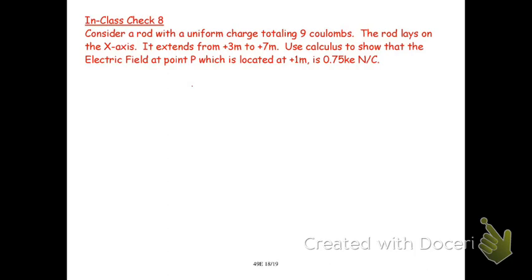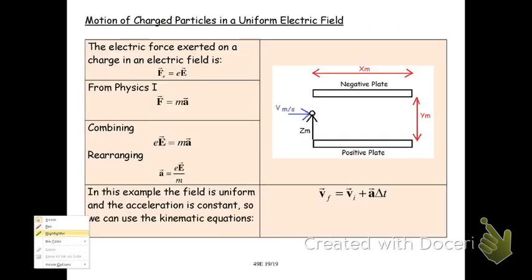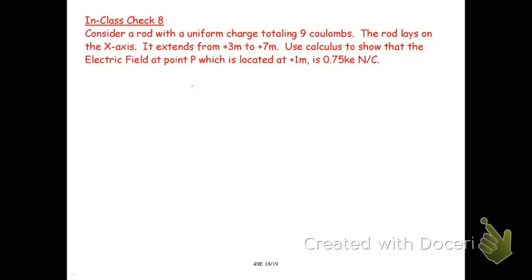So here we are. Consider a rod with a uniform charge totaling 9 coulombs. The rod lies on the x-axis and extends from +3 to +7.